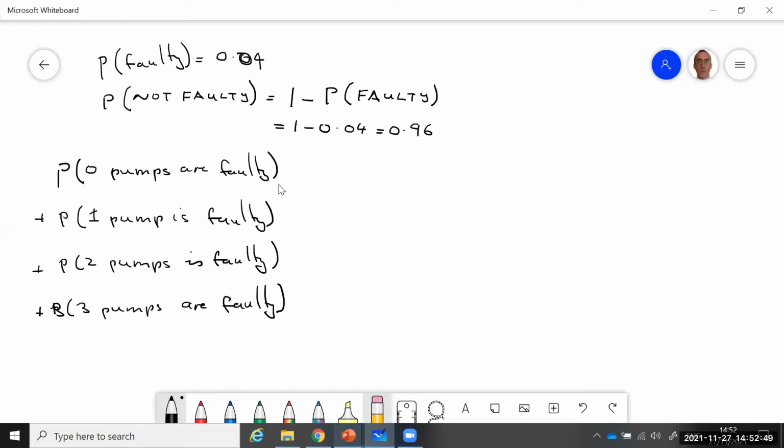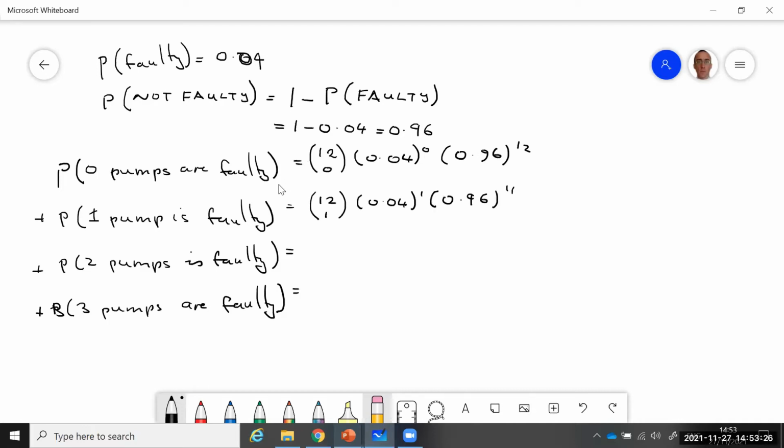Each of these 4 probabilities is again an application of the Bernoulli trials. How many ways do we have of selecting 0 pumps out of 12, times the probability of a faulty pump to the power of 0, times the probability of a non-faulty pump to the power of 12. Then the number of ways of selecting 1 pump from 12 where that pump is faulty, and all the remaining 11 are not faulty.